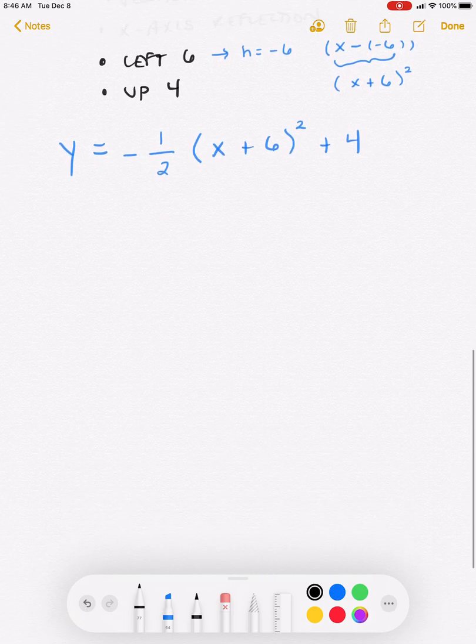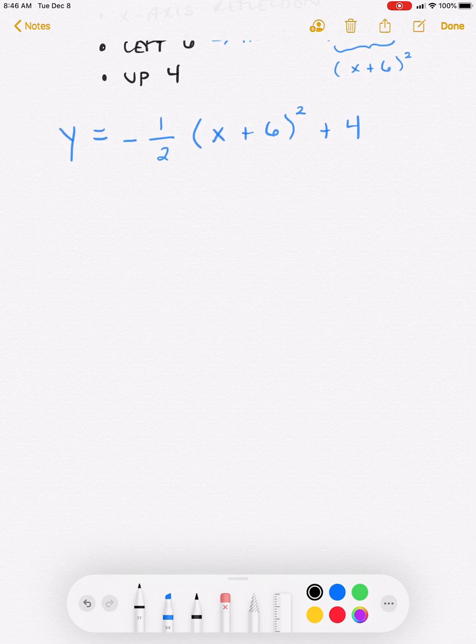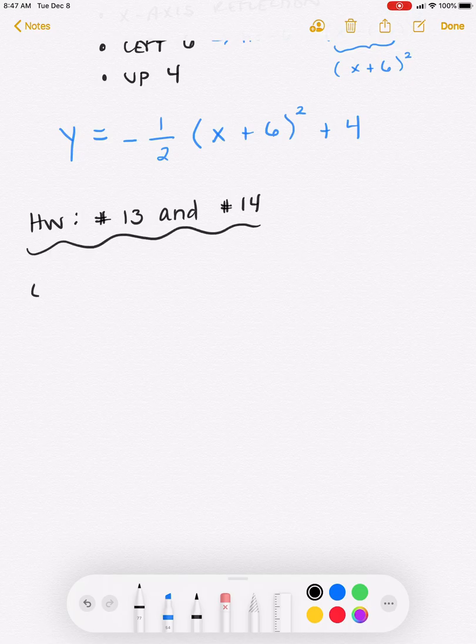Now, this is the part that I want a lot of people to pay attention to. On your homework, we had a few issues with number 13 and number 14. So I picked out an example that will help you with those.